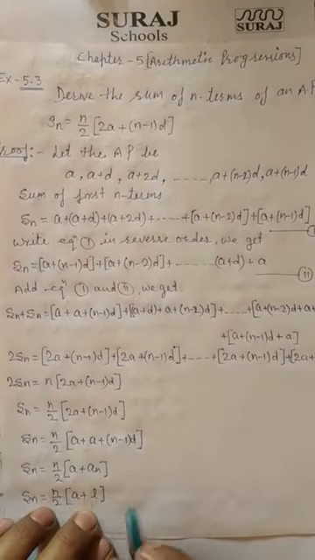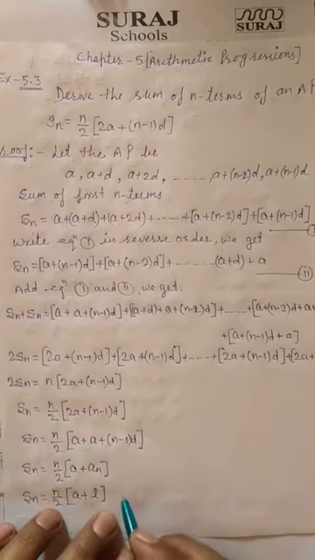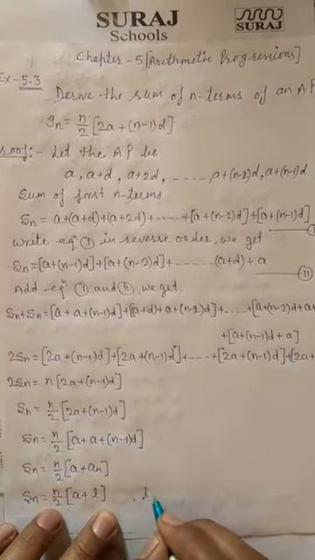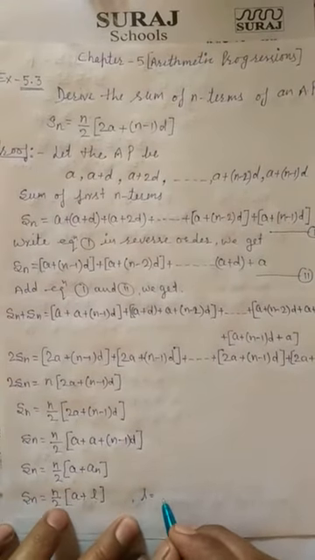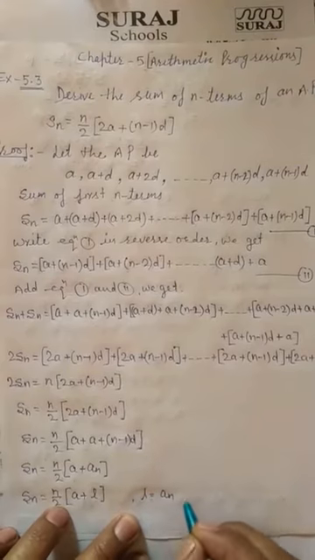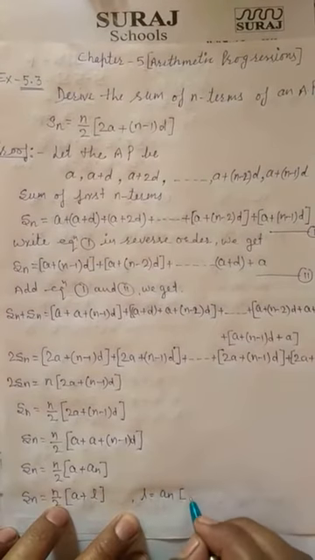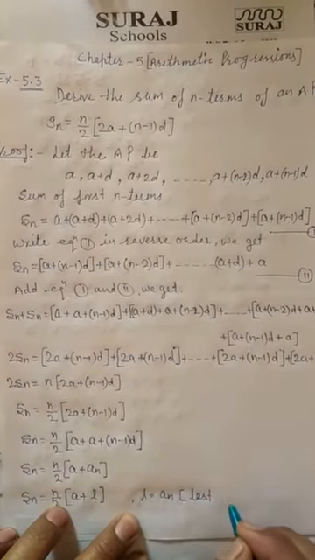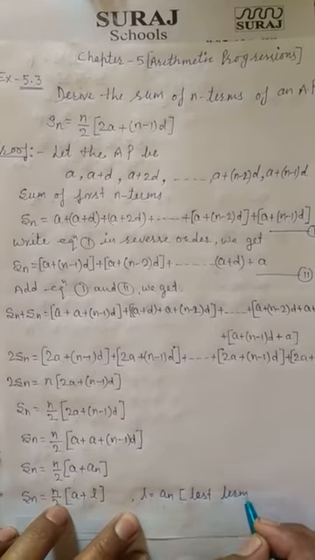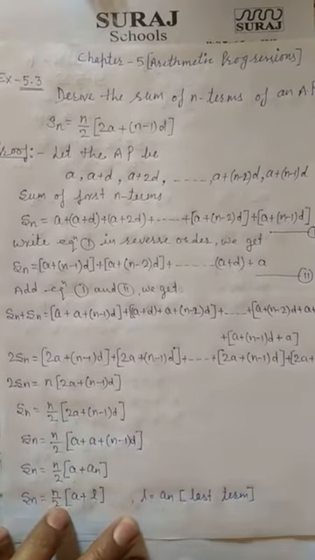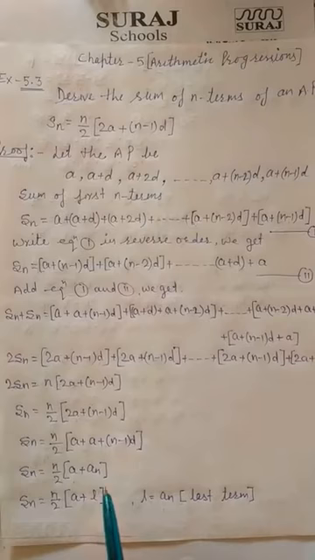L means, students, l is equal to an. It means the last term. Which term? Last term. Okay, students, so that is the derivation of the sum of n terms of an AP.